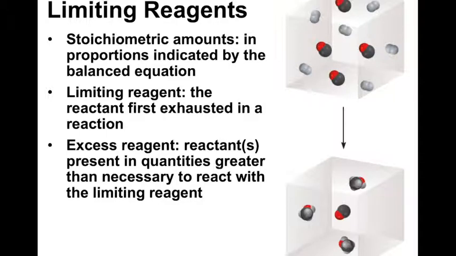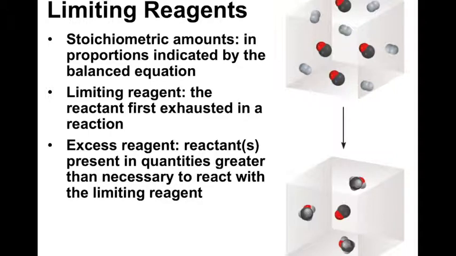Lastly, I'm going to introduce the concept of limiting reagents. If you recall, we have what we call the stoichiometric factor. If our reactants are in their stoichiometric amounts, it means that they are in the proportions indicated by the balanced equation. However, in most chemical reactions, we start with non-stoichiometric amounts of our reactants.